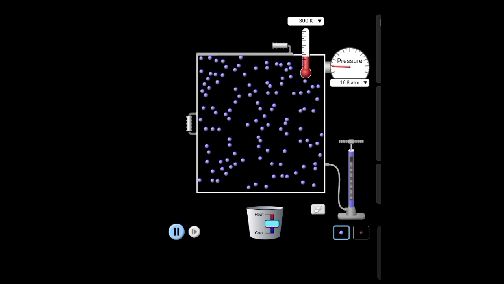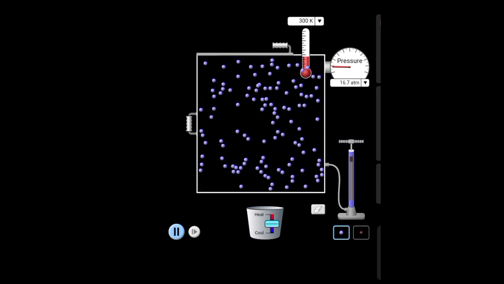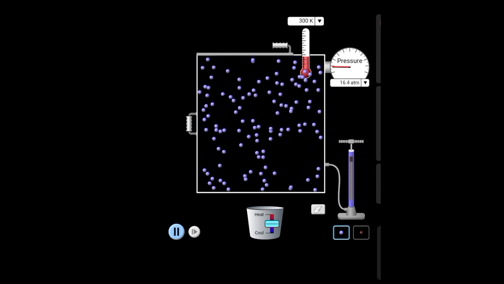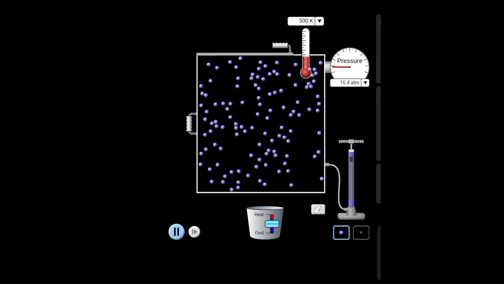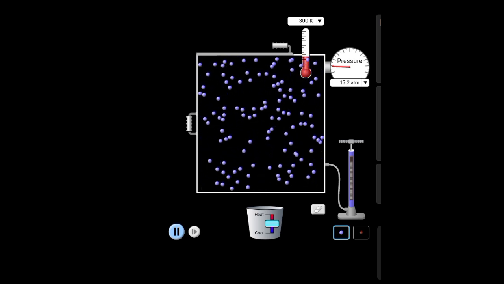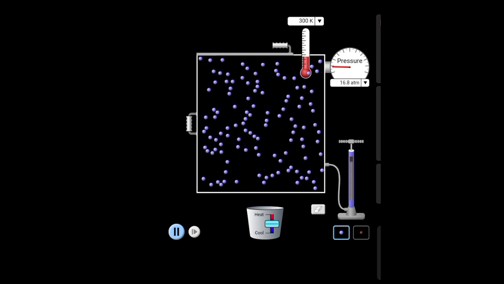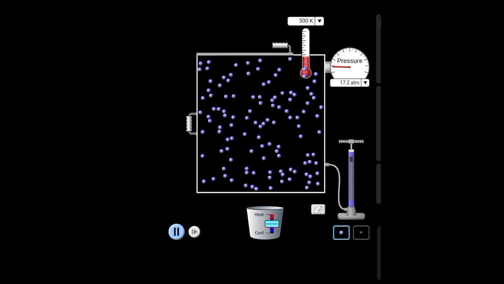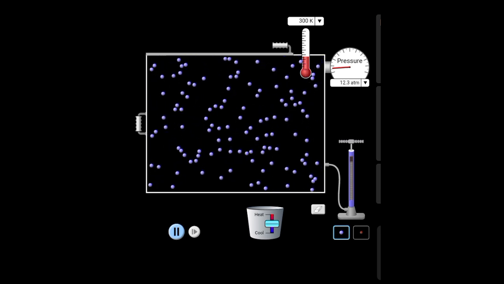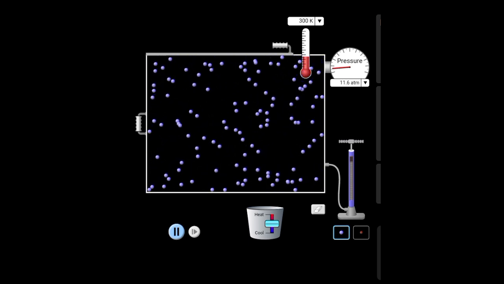When we decrease the volume, the gas particles have less space to move around. So, they collide with the walls more often, increasing the pressure. Try expanding the container as well, and notice the pressure decreases as the volume increases.